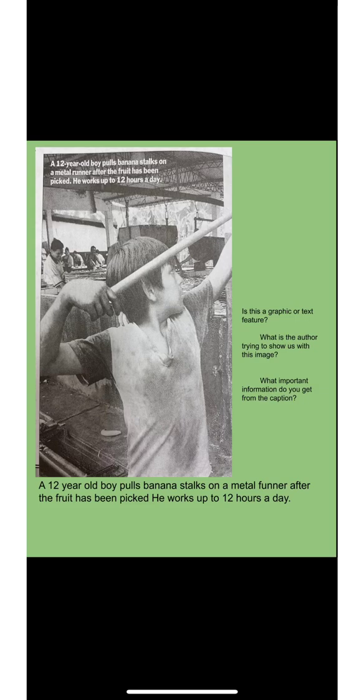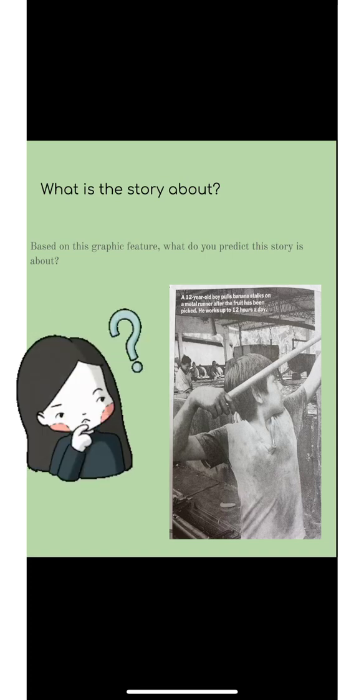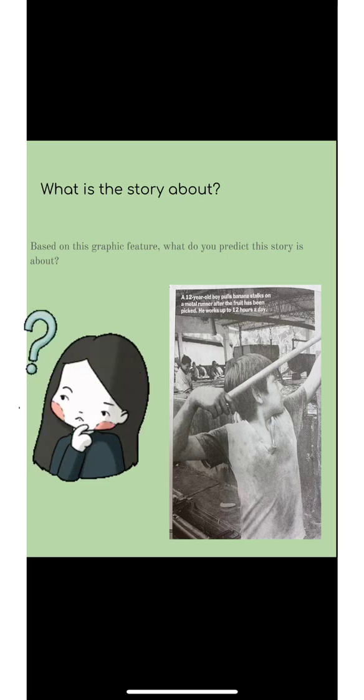And what exactly is the author trying to show us with this image that's going to stand out in the story? And what important information do you get from the caption that is included with this photograph? So, what do you think this story is about? Just based on the graphic feature that we just discussed, what do you predict?